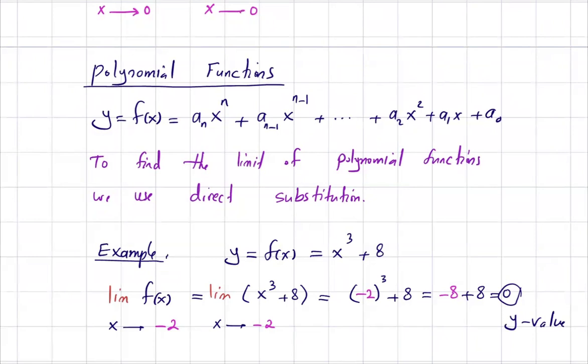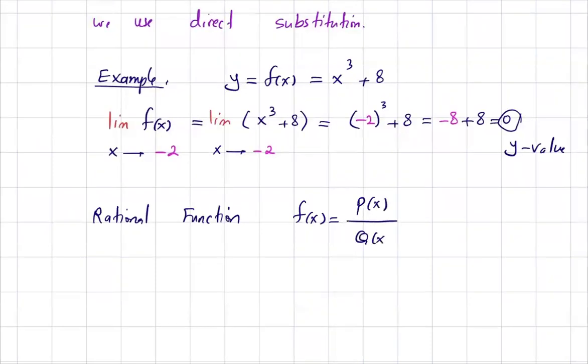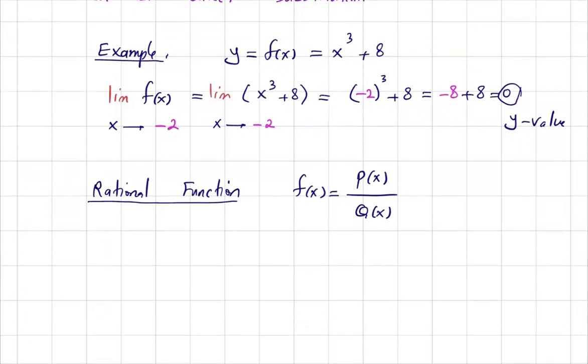Okay, what if we have other types of functions? How do we find the limit? For quotient functions or rational functions, like f of x equals p of x divided by q of x, your very first step to find the limit is direct substitution.